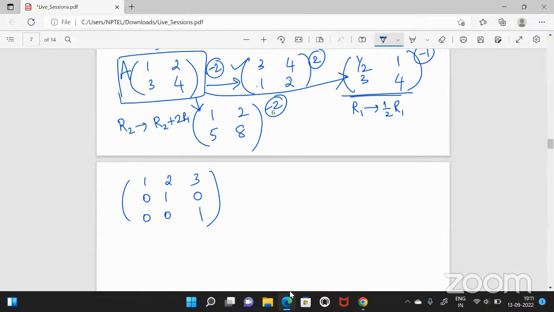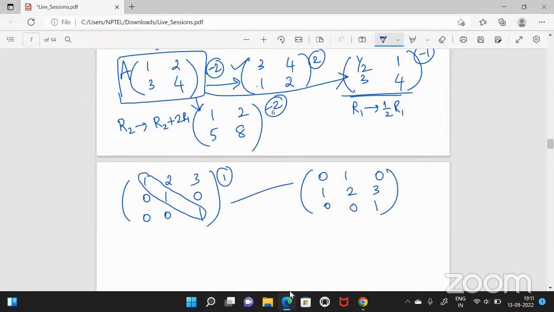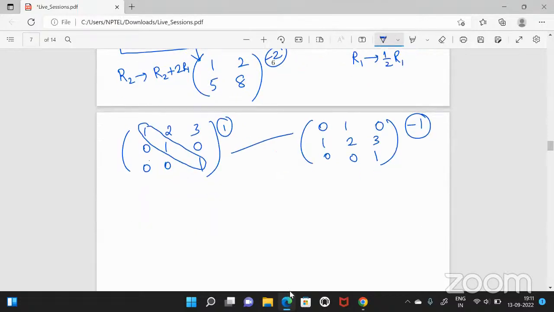Because it's an upper triangular matrix, the product of the diagonal entries is the determinant. So the determinant is 1. So first let's interchange two rows. What will the determinant here be? -1. It has to be -1 because I have interchanged two rows, right? But how do you calculate the determinant of a matrix?